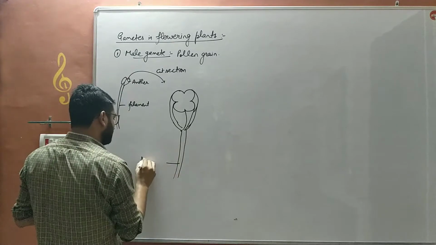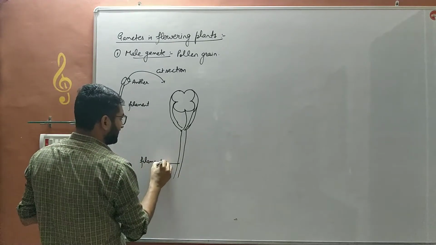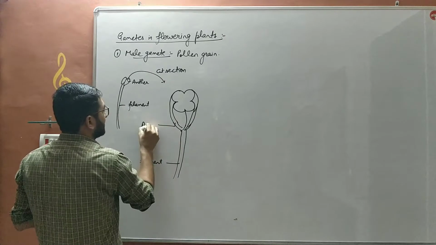This is filament. If we magnify the diagram, this is anther, cut section.